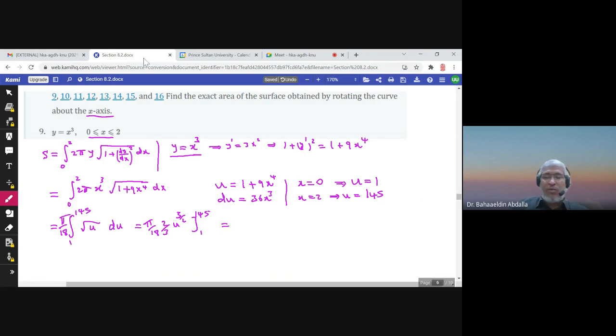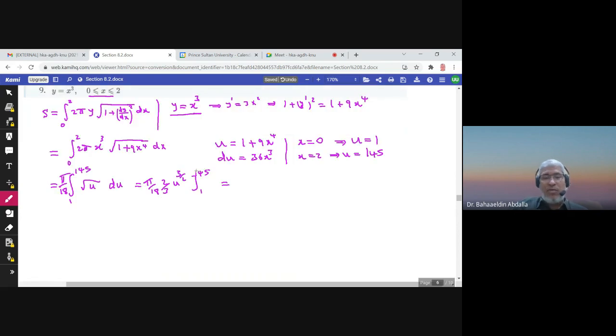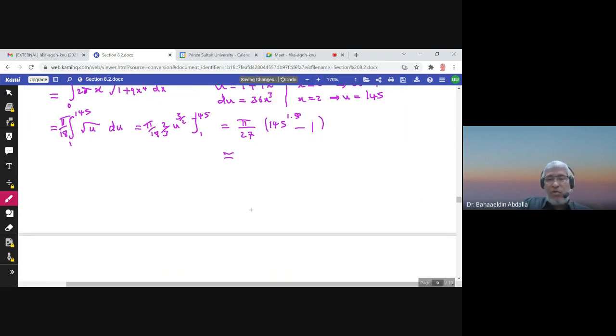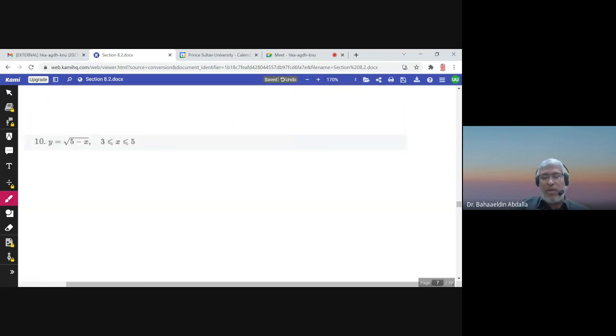So the answer would be 2 over 18, 1 over 9, 3 times 9 is 27, so it's pi over 27 times 145 to the power 1.5 minus 1 to the power 1.5, which is just 1. So that's the answer. If you need to approximate, you can give 2 or 3 or 4 decimals.